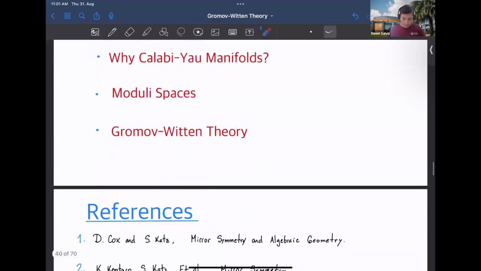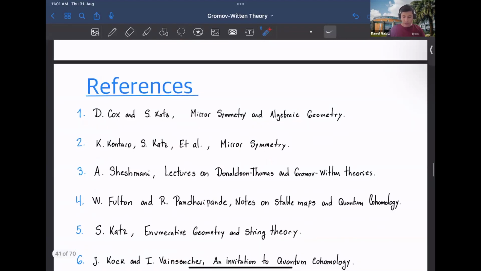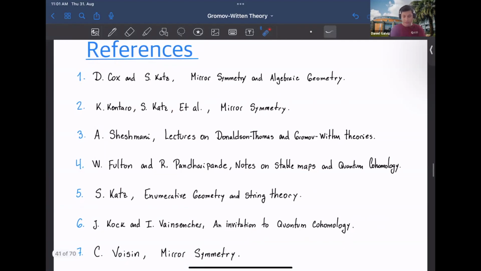Okay, so I want to mention, first of all, some references that I use. The main three references that I use are these three. In this talk, there are going to be math students and physics students. If you are a math student, more interested in the math approach or in understanding the math of Gromov-Witten theory, then I recommend the first book.